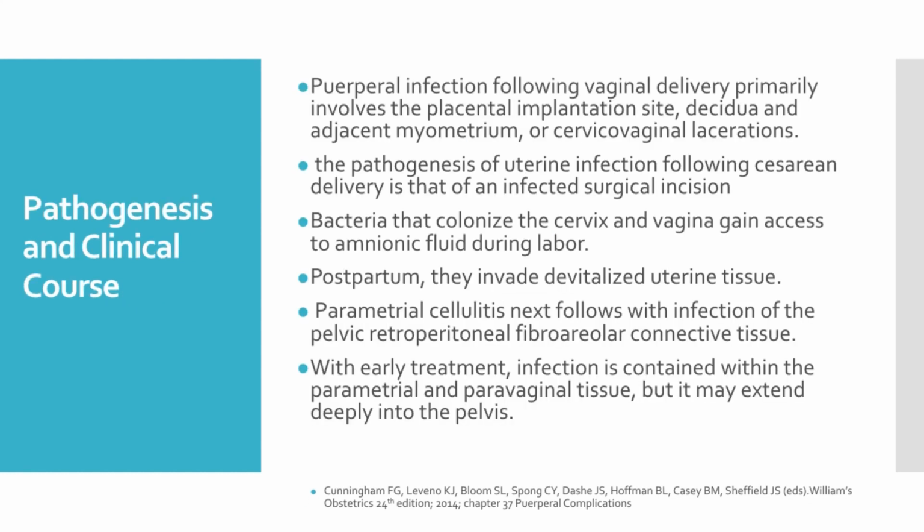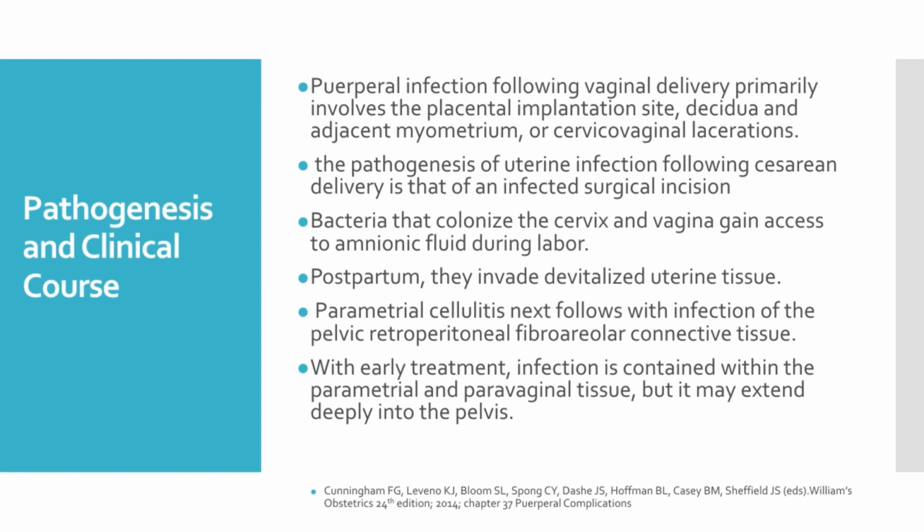Puerperal infection following vaginal delivery primarily involves the placental implantation site, the decidua, and the adjacent myometrium or cervicovaginal lacerations. The pathogenesis of uterine infection following cesarean delivery is that of an infected surgical incision. Bacteria that colonize the cervix and the vagina gain access to amniotic fluid during labor.